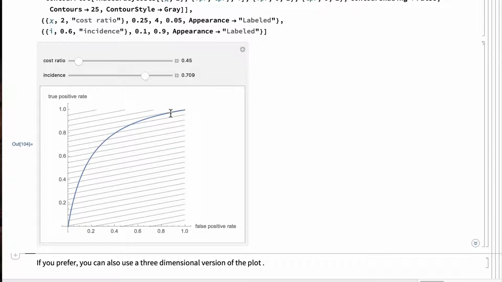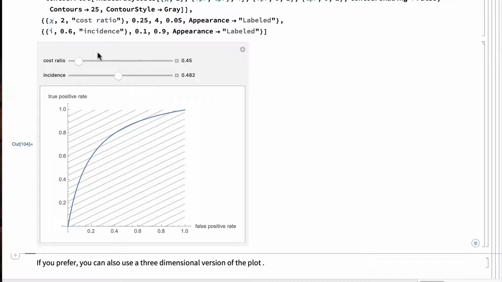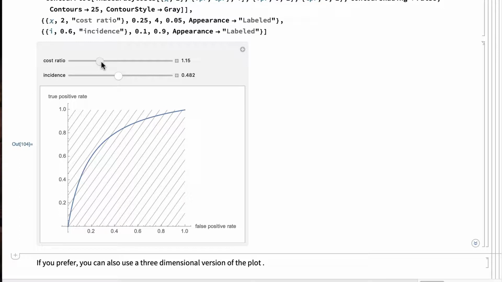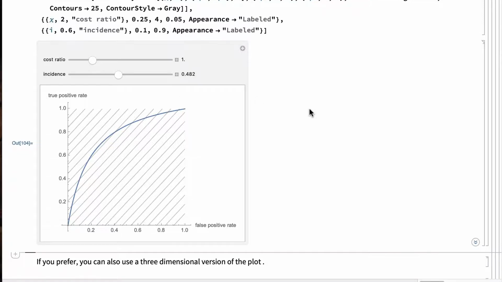I'm going to say it's easier to be classified as positive. So again, this is giving you, I hope, some intuition about how classification is affected by different ratios of false positive costs to false negative costs and the incidence of positivity in the underlying class.